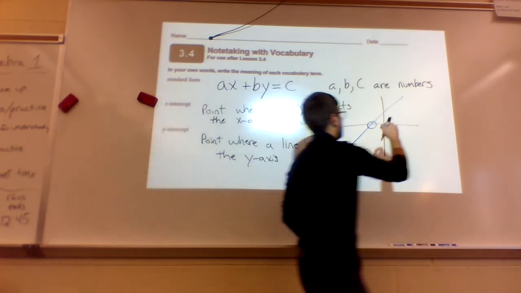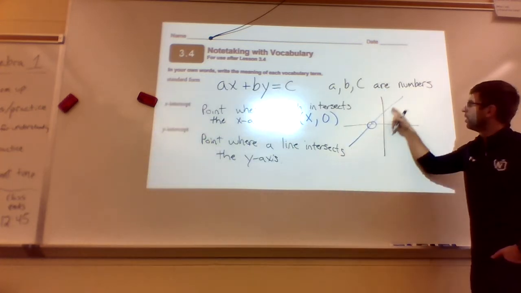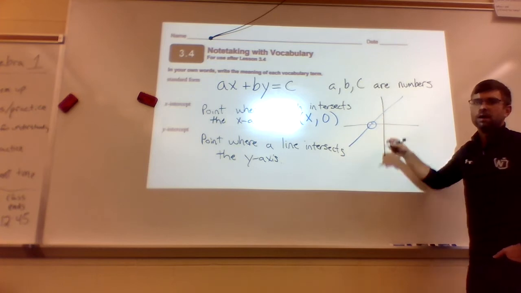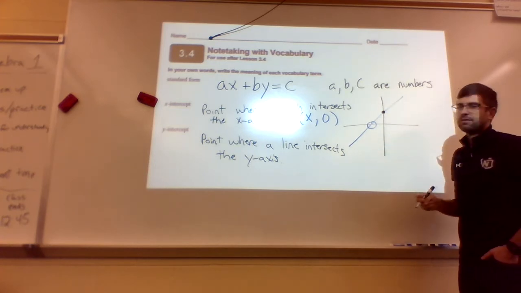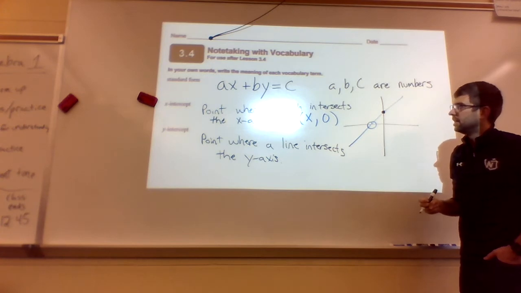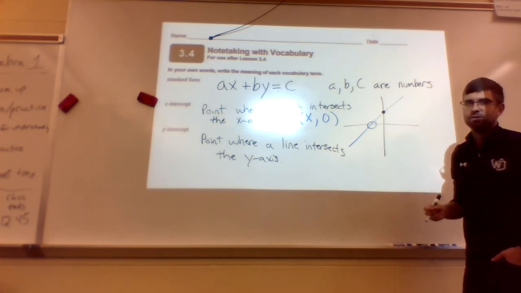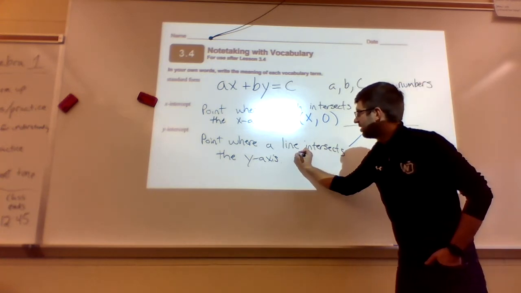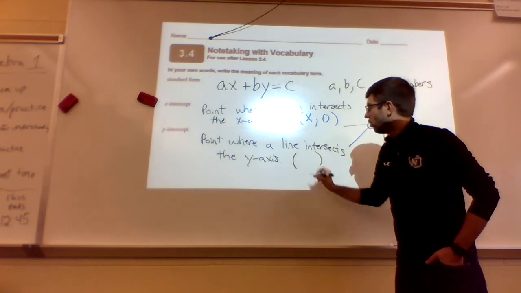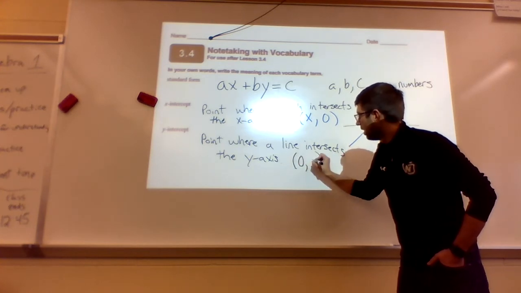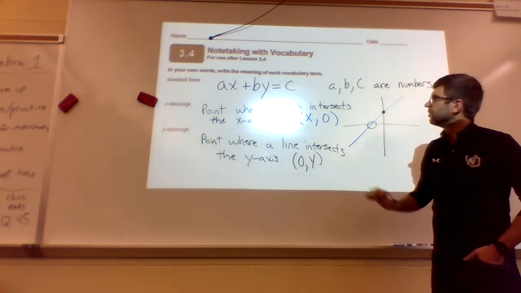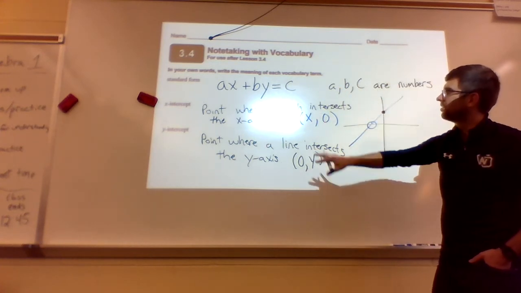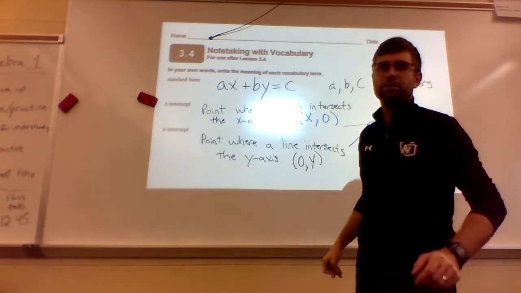And so again, if we were to look at this example we've drawn up here, you could see this point right here is where we intersect the y-axis, and so that would be our y-intercept. This will always happen at a point like this, 0, y. Okay, so those are the main ideas of our vocabulary that we will be using today.